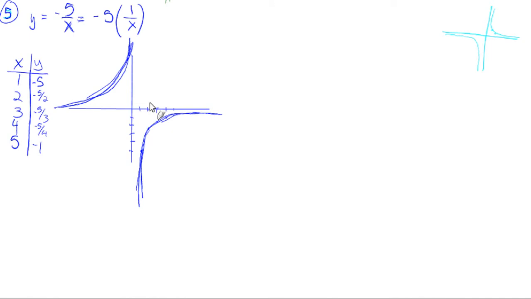So there we go. This is the same as 1 over x, except that what was up here is now down here, and what was down over here is now up here. And so we could say that it's flipped vertically.